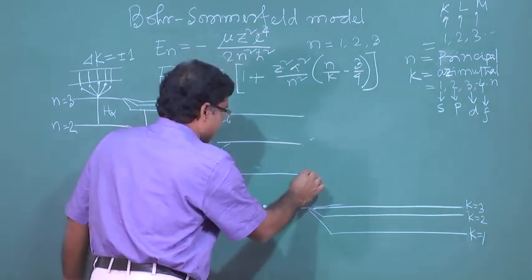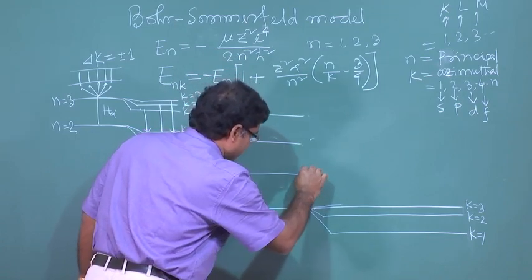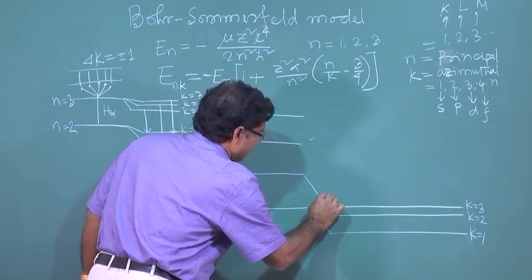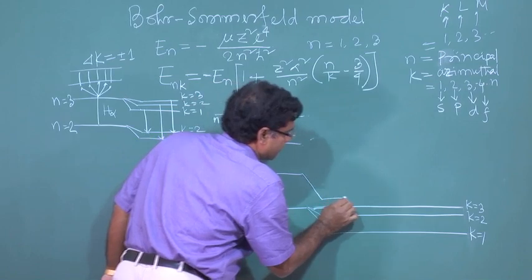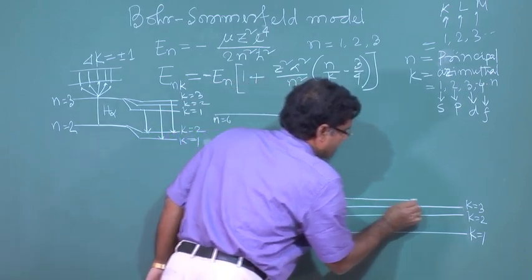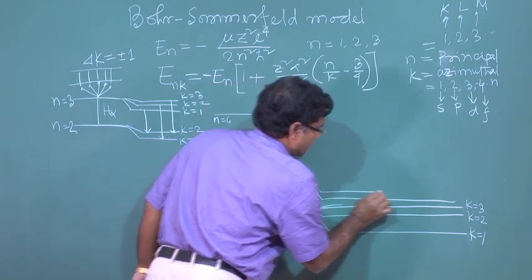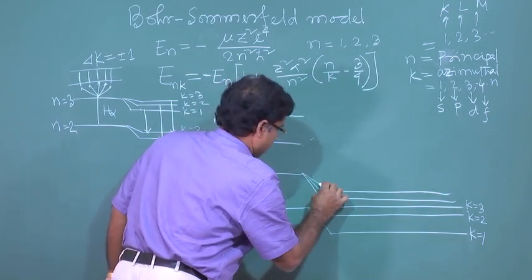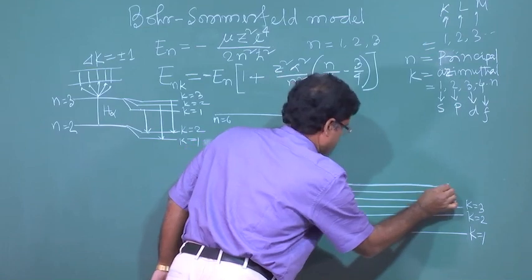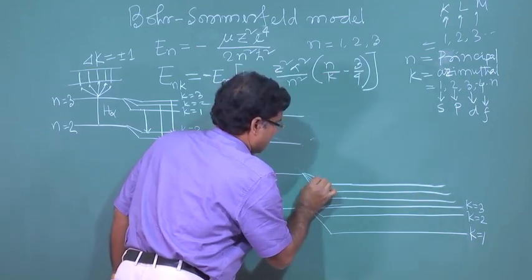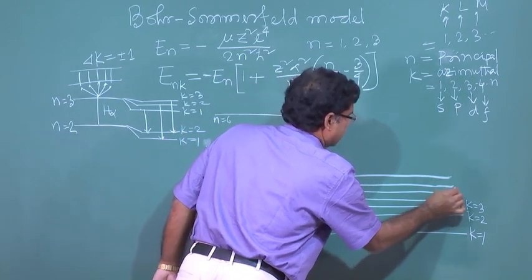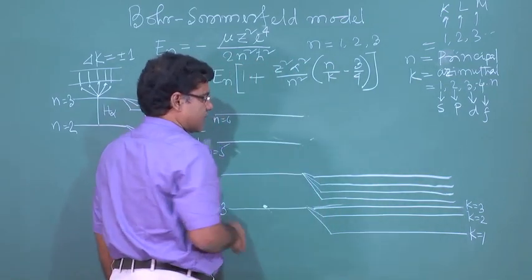Similarly, these energy levels also will split. For n equal to 4, like this. Similarly, the others also split.